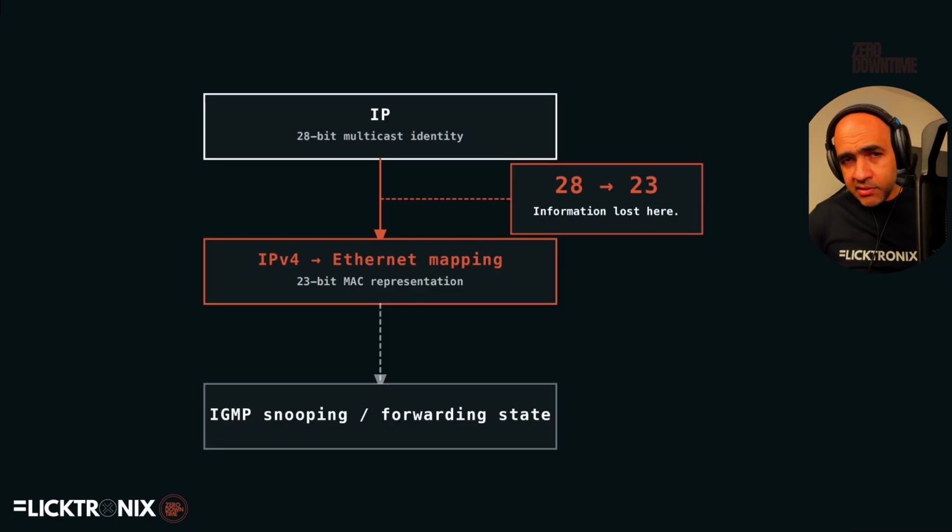Aliasing exists inherently in the addressing architecture because of the size discrepancy. Network switches using snooping forward frames based on the destination MAC address. So if two groups share a single MAC address, traffic intended for Group 1 will be delivered to hosts subscribed to Group 2, even if they didn't want that.